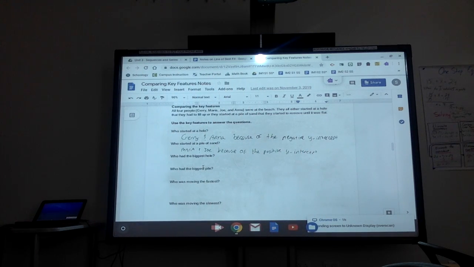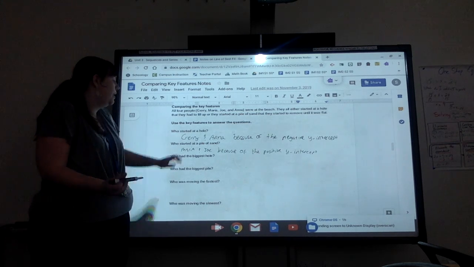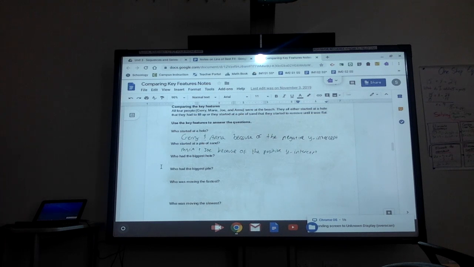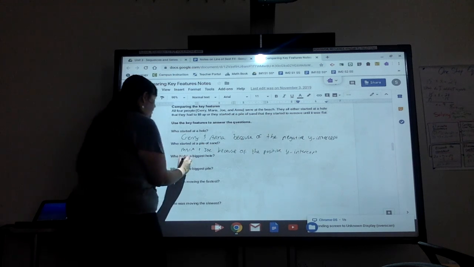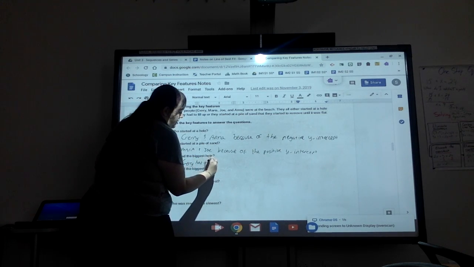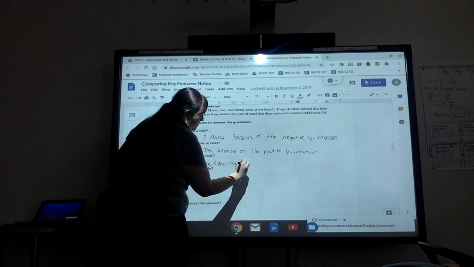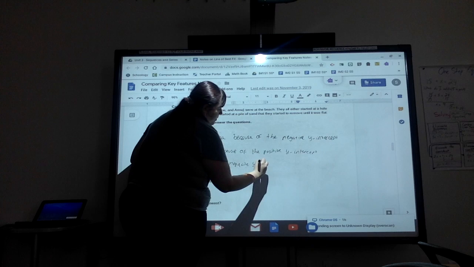Because some of them are positive, some of them are negative, I could also ask between Jerry and Anna, who had the bigger hole? Well, Jerry started at negative 5 and Anna started at negative 2, so Jerry's hole was bigger. So Jerry has the bigger negative y-intercept.